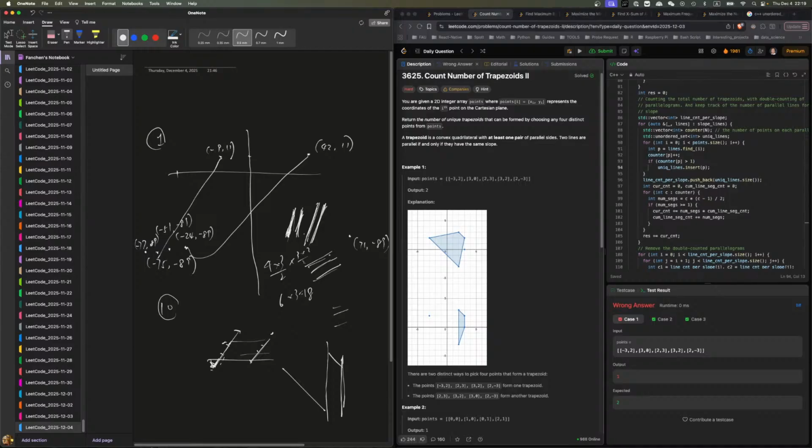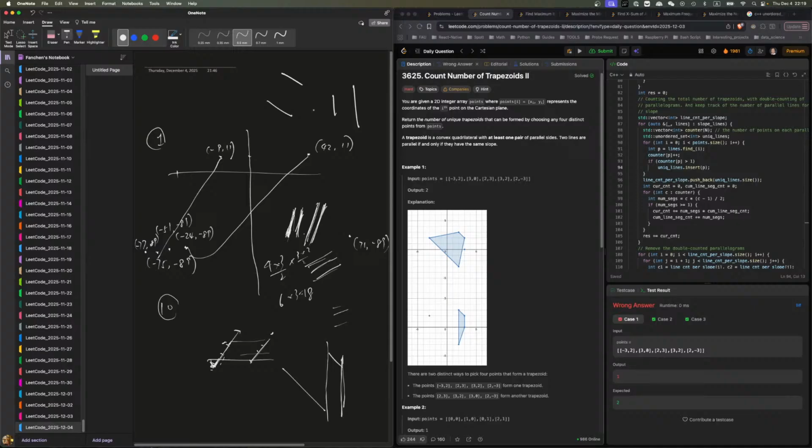They don't form. Yeah, that's actually right, because these are not parallel lines, these are this, right? They don't form. Yeah, it doesn't work.